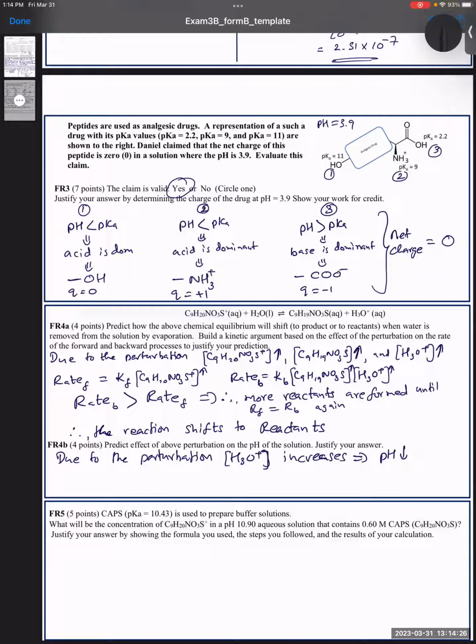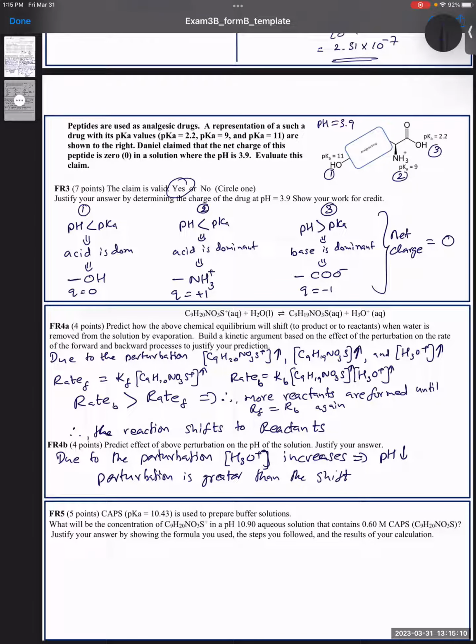The reason is the perturbation is always greater than the shift. Even though the shift should reduce the H3O plus in the system to make more reactants, the initial increase of H3O plus concentration is much larger compared to the decrease of H3O plus concentration due to the shift. That's the idea there. All right, moving on to the last question.